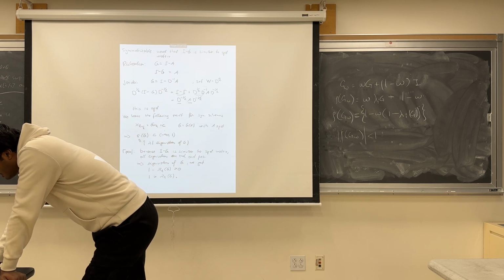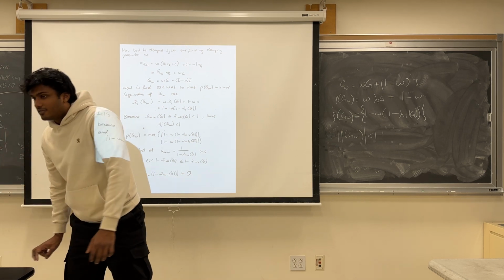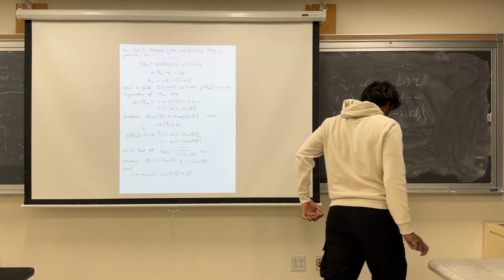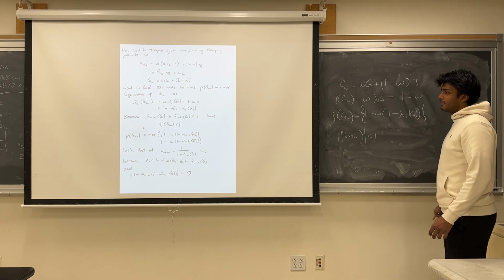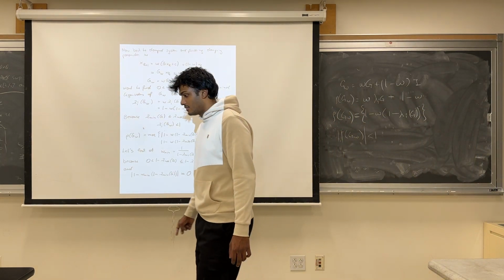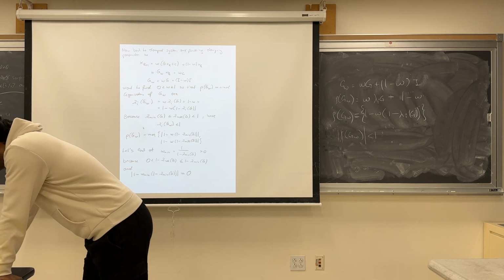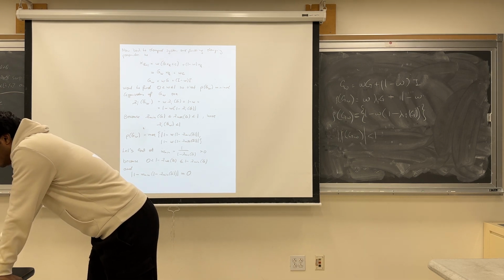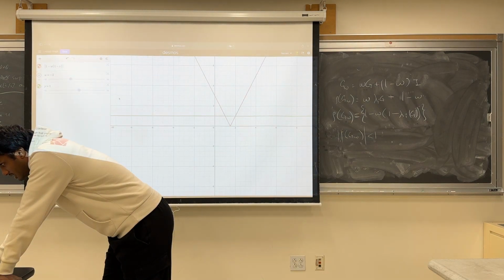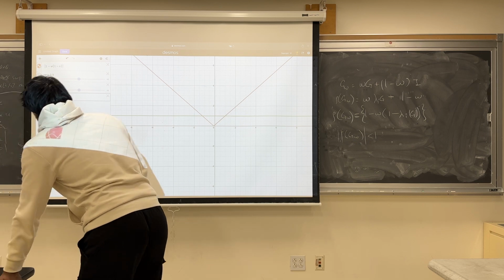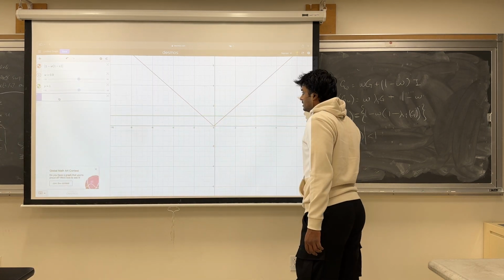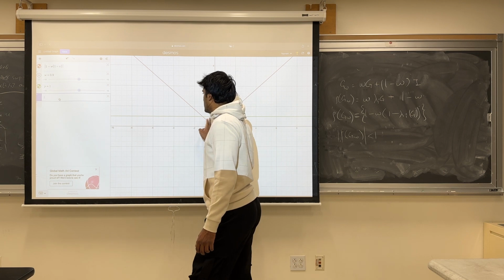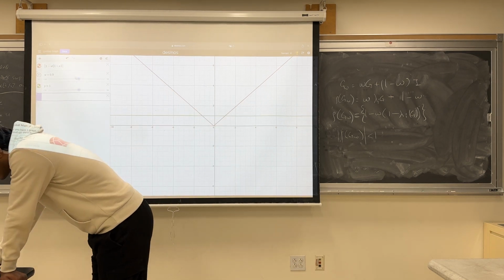In that case, I will be able to find an omega that makes my method convergent. For omega positive, that's what I learned from the graph. If my eigenvalues of G are less than 1, they can be anywhere on this axis.